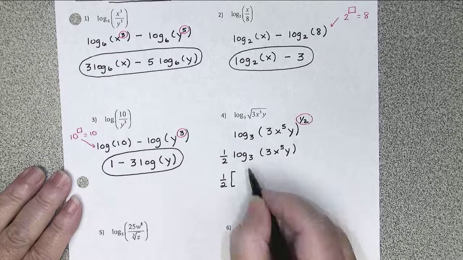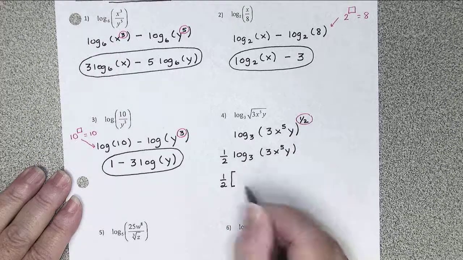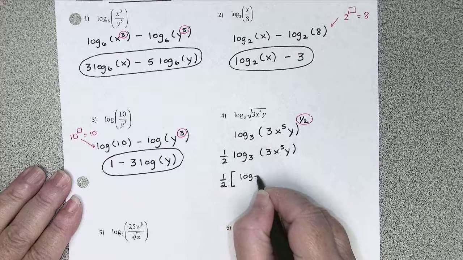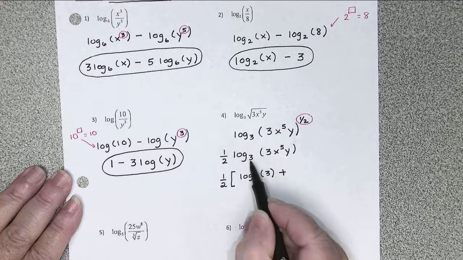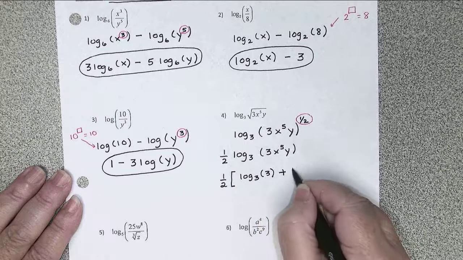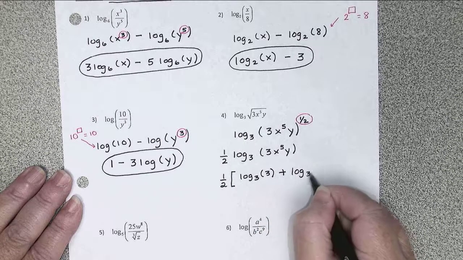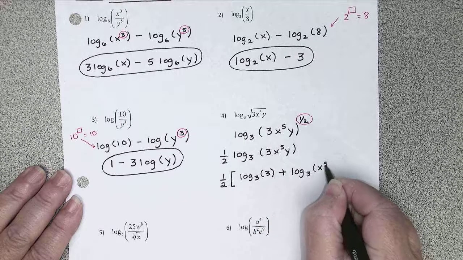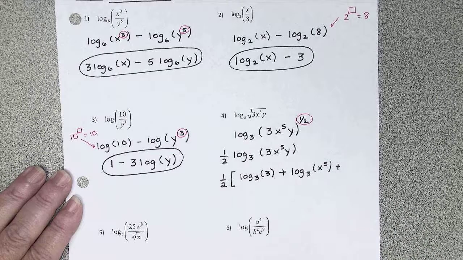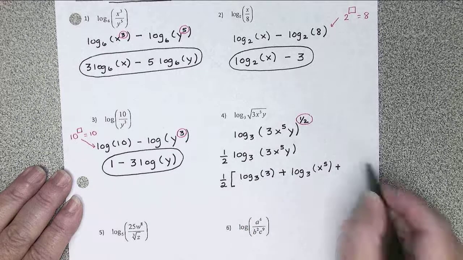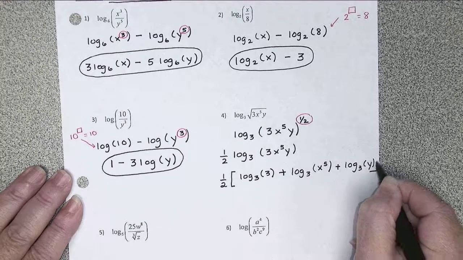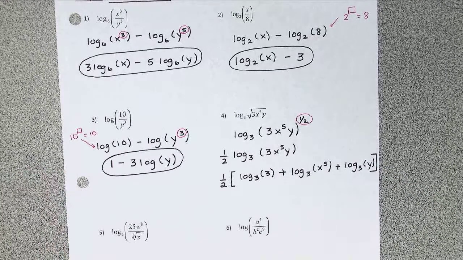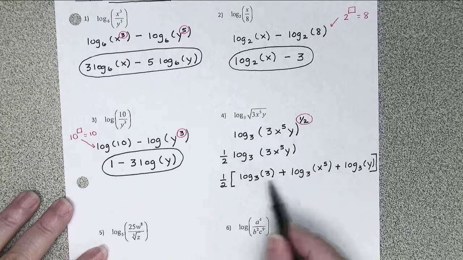And then I would have the log base 3 of 3 plus the log base 3 of x to the 5th plus the log base 3 of y. Okay. 3 factors there, so I separated all 3 into its own log.